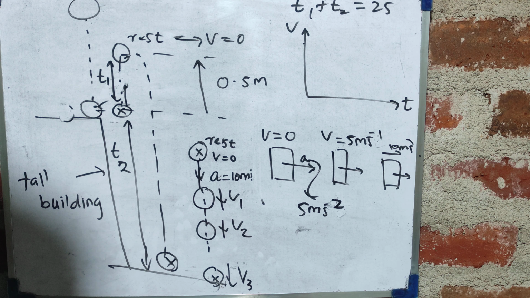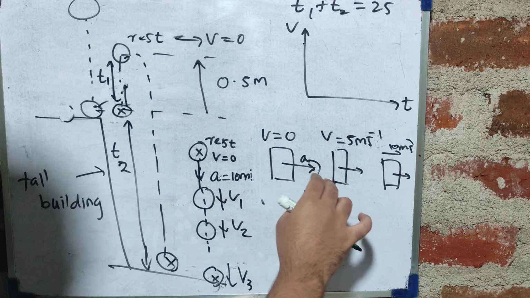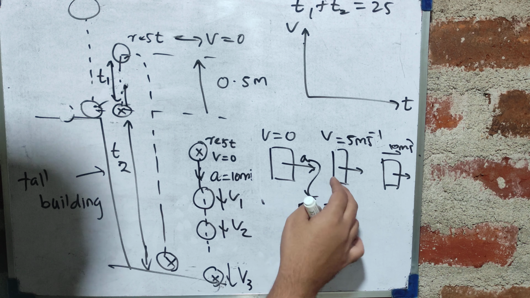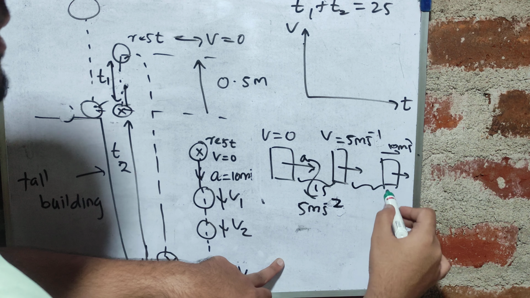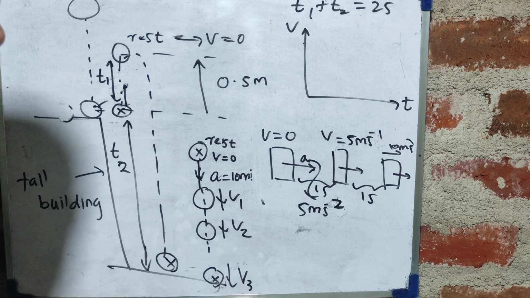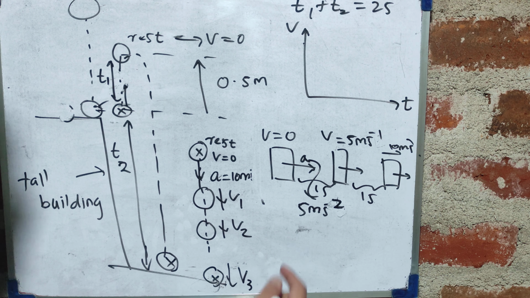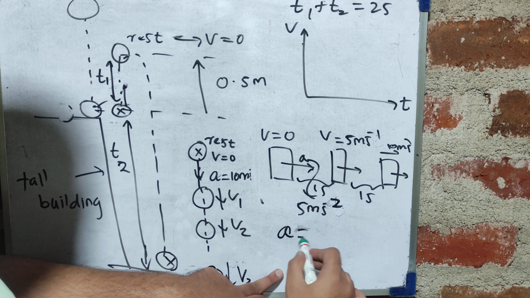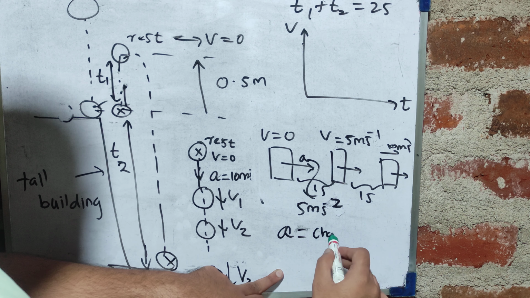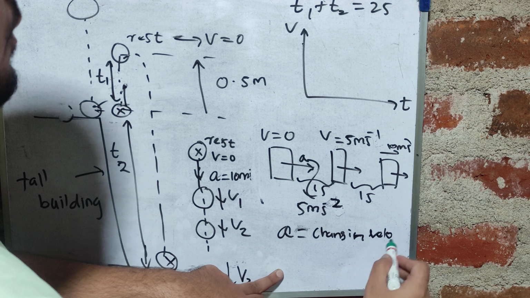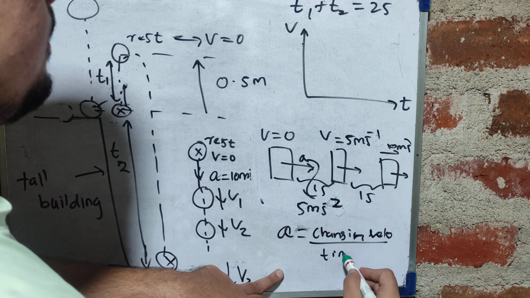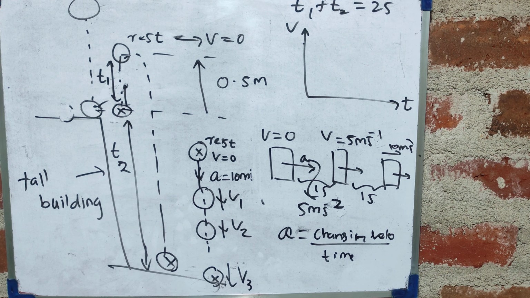What do you mean by constant acceleration? In a unit time, let's take 1 second, and another 1 second. You know that acceleration is equal to change in velocity divided by time, right? Change in velocity divided by time.